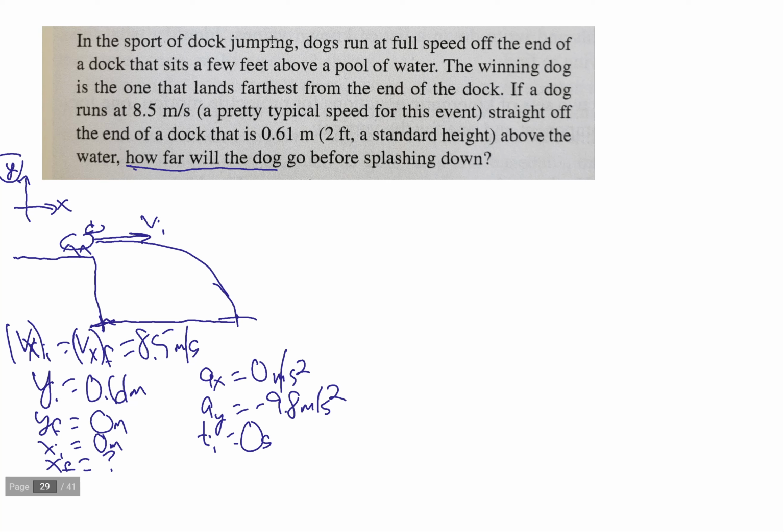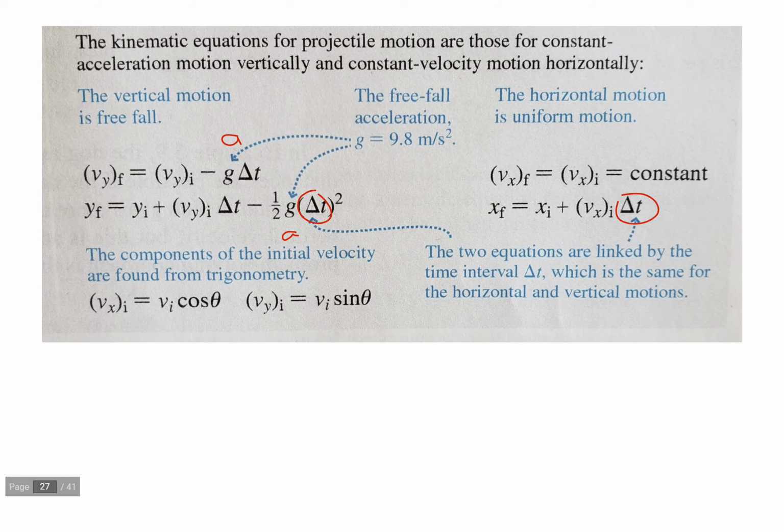And once I have my t sub f for the x direction, let me go back to the kinematic equations. Once I have my t sub f for the x direction, I'll be able to use my delta t right there and be able to find my x sub f. Okay? Now, since I know that I need to find my t sub f, let's look at the kinematic equations for the vertical motion.